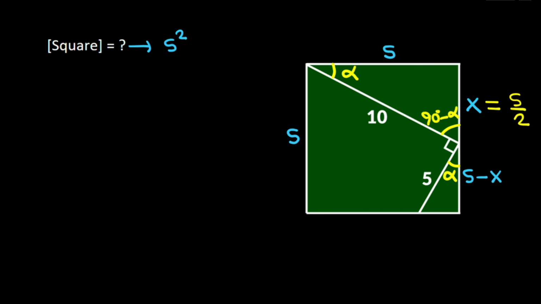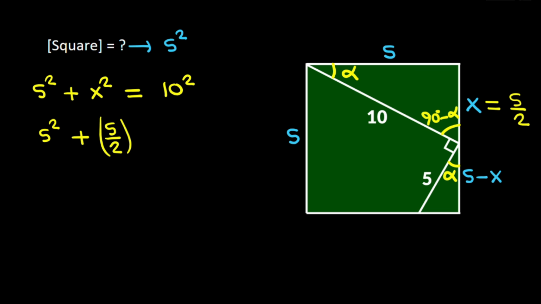Now we're very close. Go back to the top triangle. Use Pythagoras. S squared plus X squared equals 10 squared. Substitute X. So we get S squared plus S over 2 whole squared equals 100.